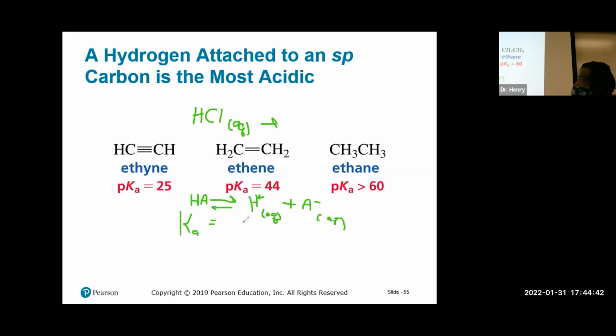Okay, so then we know that the equilibrium constant is going to be dependent on what? The concentration of the products over the reactants.